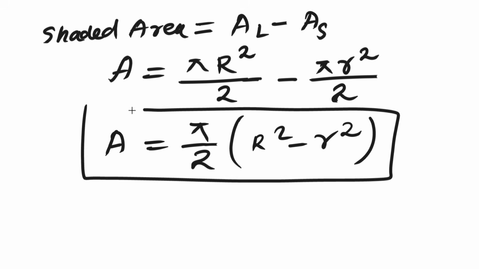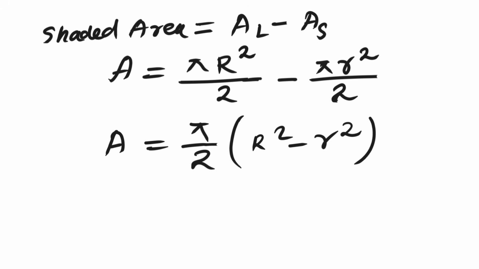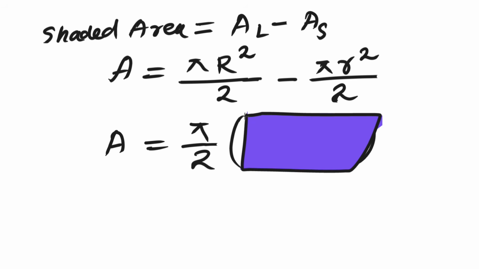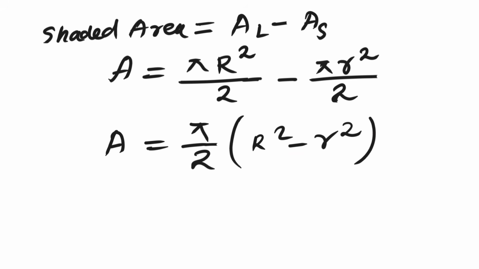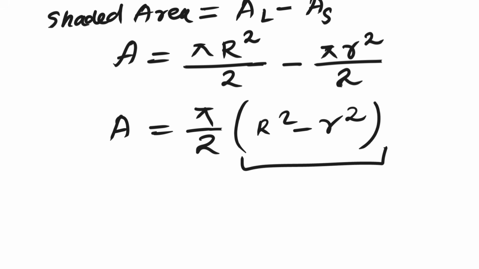This is a very useful form because it tells us exactly what we need to find. We do not necessarily need to calculate uppercase R and lowercase r individually. Instead, all we need is the difference between uppercase R squared and lowercase r squared. So our next goal is to find uppercase R squared minus lowercase r squared.